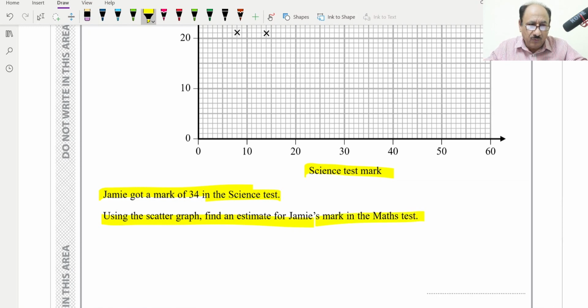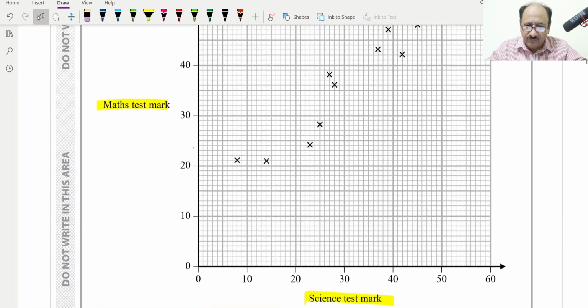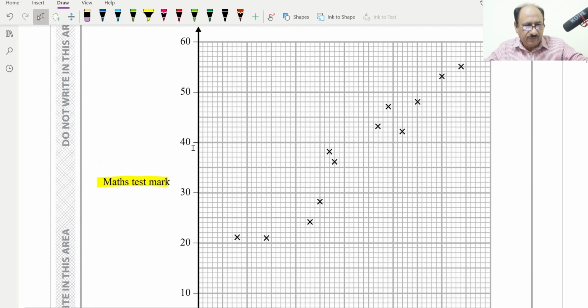First of all we have to draw a line of best fit, and to draw it we will take care that the number of points lesser than the line should be almost equal to the number greater than the line. So we can draw the line of best fit like this one.